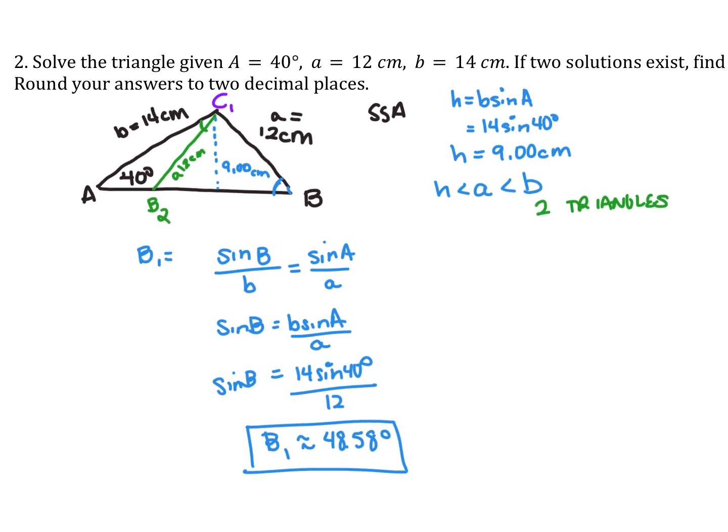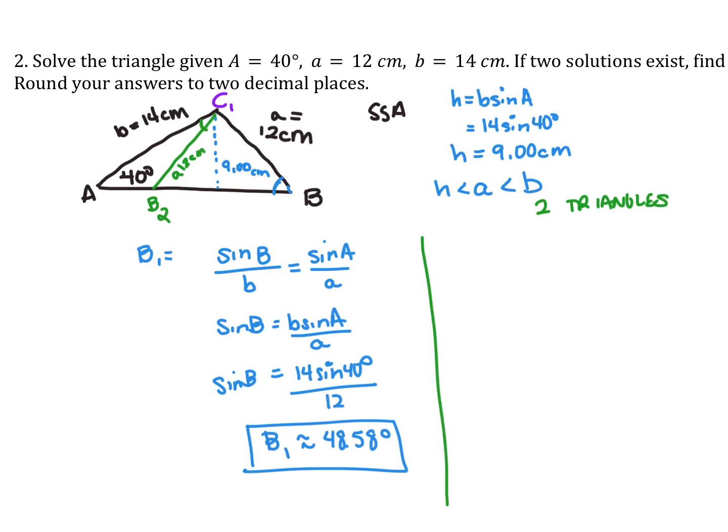So now there would be a B sub 2. Now to find that, really all you have to do is you take 180 minus 48.58 degrees. That's how you find the second angle. So B2, you take 180 degrees minus B1, and that gets you your second angle.